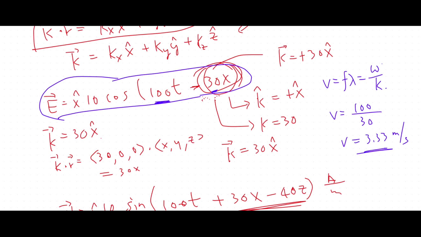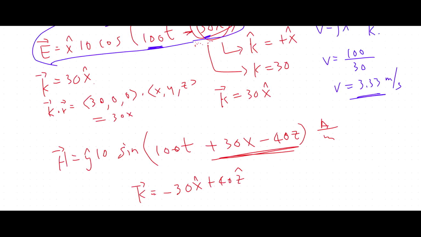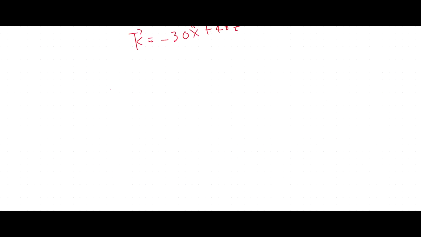So how do I find the medium then? Let's go back to our definition. Velocity is defined as 1 over the square root of mu times epsilon.